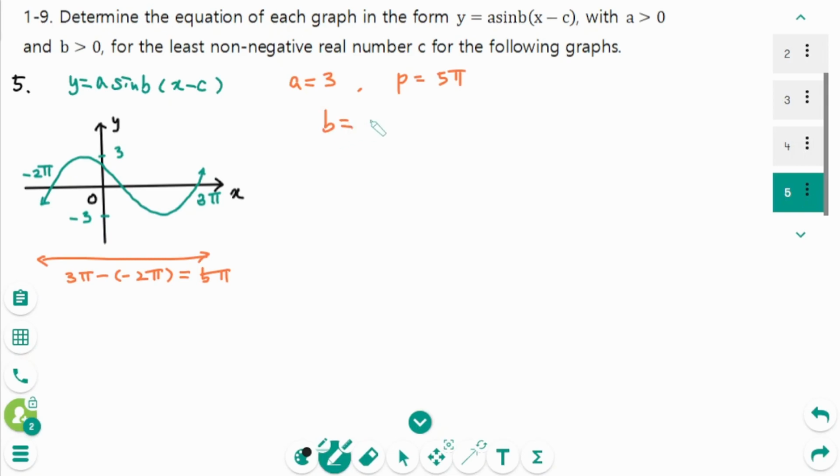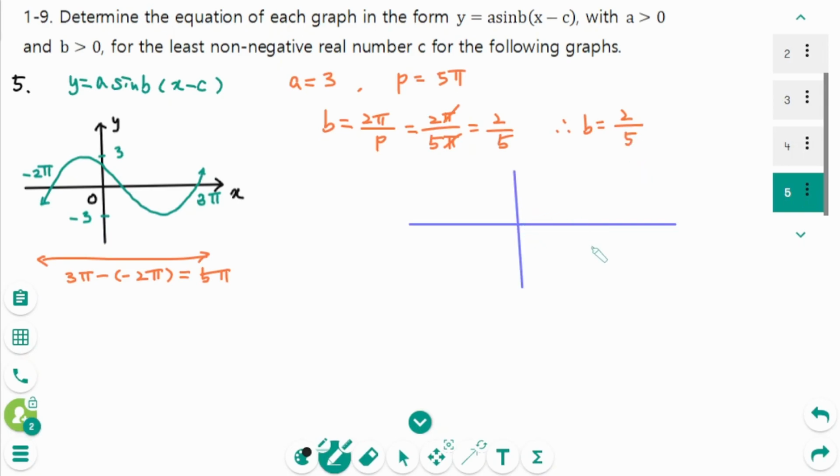The formula b equals 2 pi over p, then 2 pi over 5 pi, pi cancelled, 2 over 5, then b equals 2 over 5.